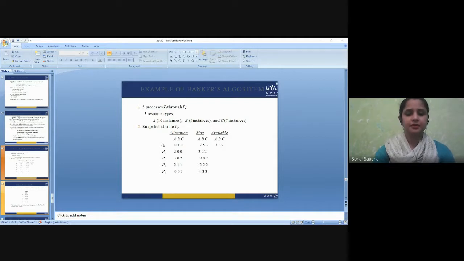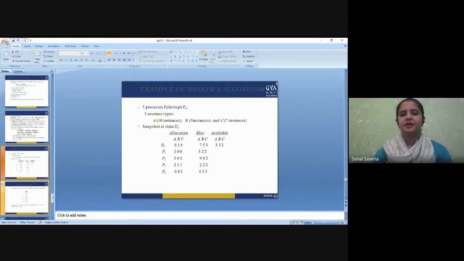Here in the PPT you can see there are 5 processes P0 to P4, so the total count is 5. Then there are 3 resource types, A, B, and C. In total, the system has 10 instances of A, 5 instances of B, and 7 instances of C.